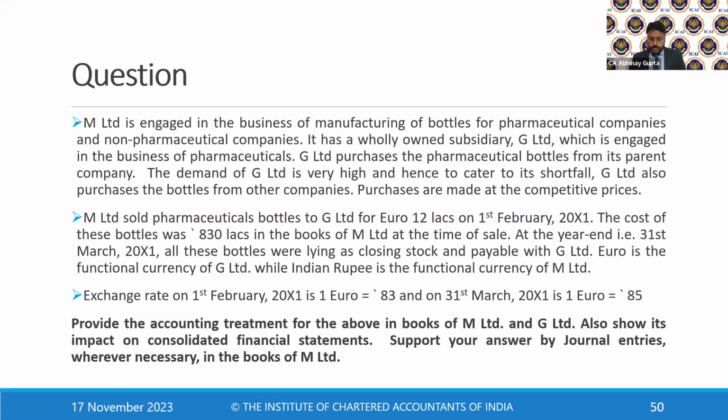Okay. Let's do one more question. M Limited is engaged in the business of manufacturing bottles for pharmaceutical companies and non-pharmaceutical companies. It has a wholly owned subsidiary, G Limited, which is engaged in the pharmaceutical business. G Limited purchases the pharmaceutical bottles from its parent company, right?